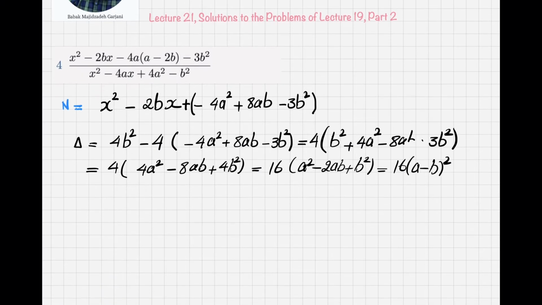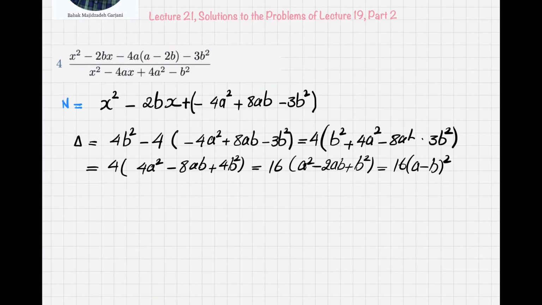So now I will find the roots, yes, the roots of this polynomial. So what are the roots? So the roots are x is equal to minus b, so minus this coefficient, which is 2b, plus or minus a square root of your delta.